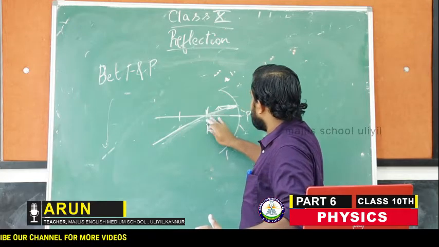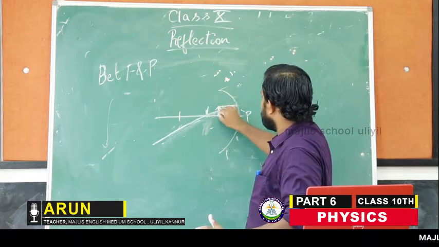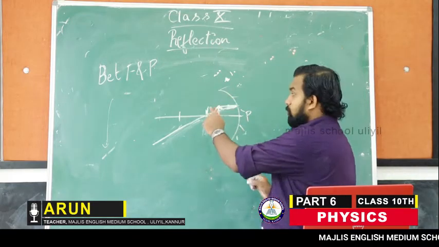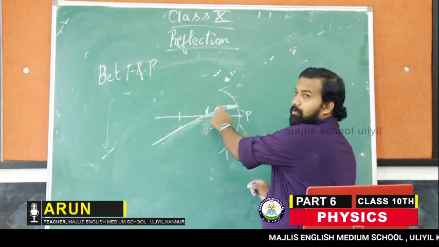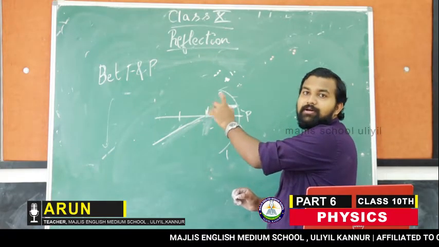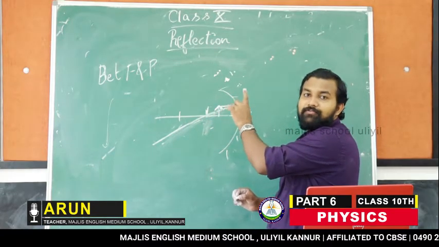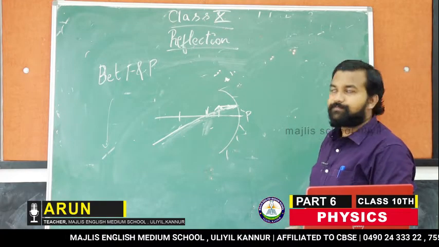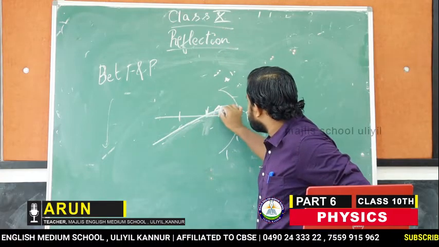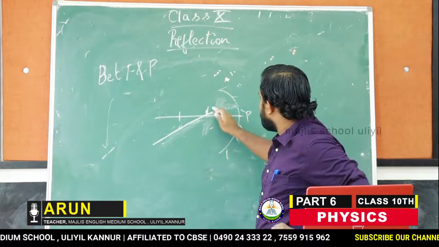That's why I am asking you to always use a scale. Imagine all the incident rays will start from the arrow mark. When I was drawing, all the incident rays will be starting from the arrow mark. Clear? Okay. And the line should be straight. Now you may not feel that the line is straight.